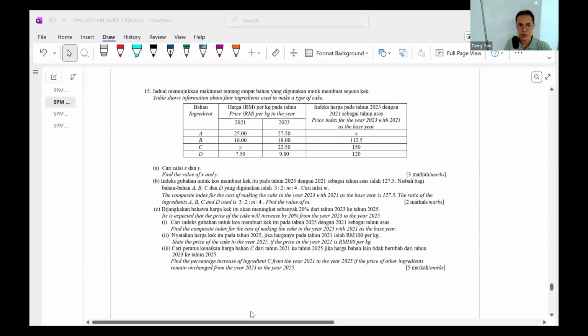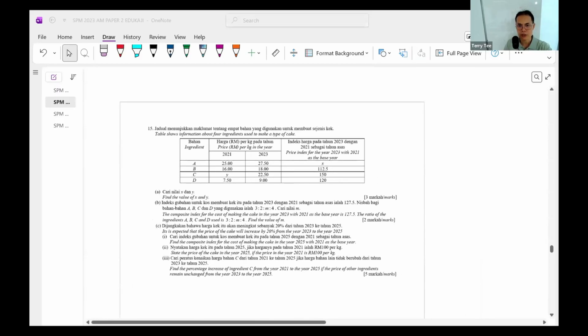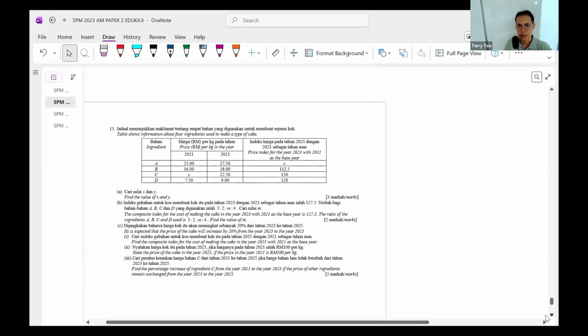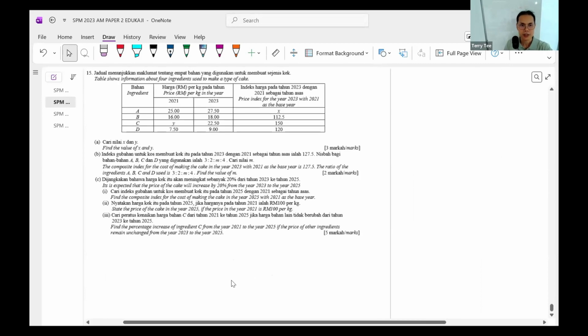Okay, last question. This is question number 15. This is from Form 4, Chapter 10, Index Number. All right, let's start.